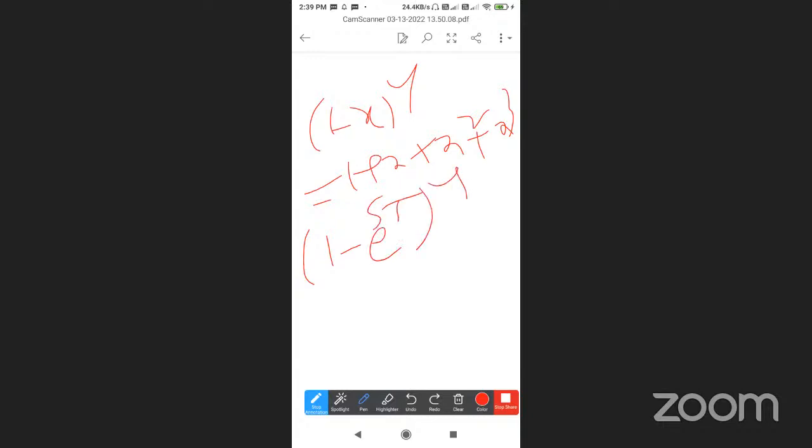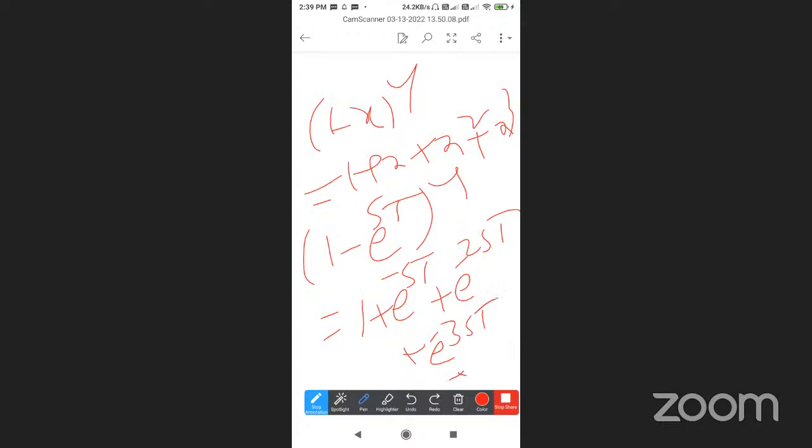Recall the expansion: 1 by (1 minus x) is 1 plus x plus x square plus x cube, and so on. Here x is e power of minus sT, so the expansion is 1 plus e power of minus sT plus e power of minus 2sT plus e power of minus 3sT, continuing like that.